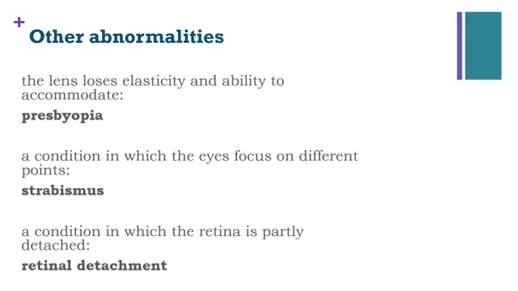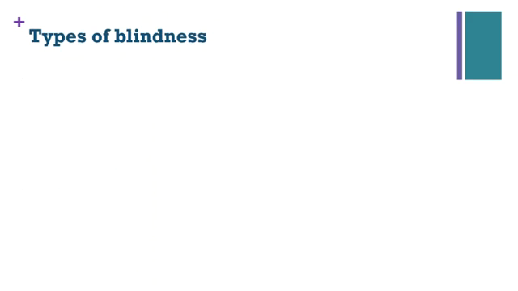Now let's pass on to types of blindness. Night blindness or nyctalopia is often caused by prolonged vitamin A deficiency and the consequent inability to produce a normal amount of rhodopsin.